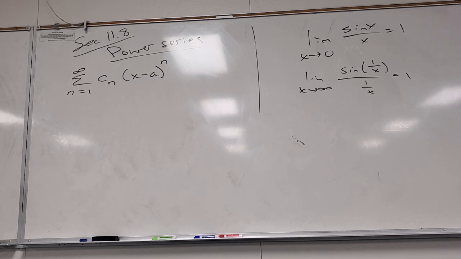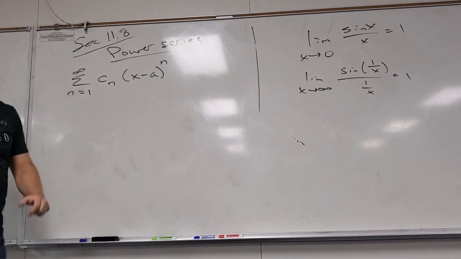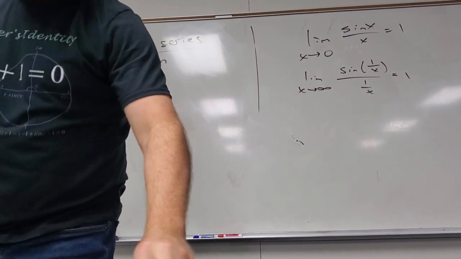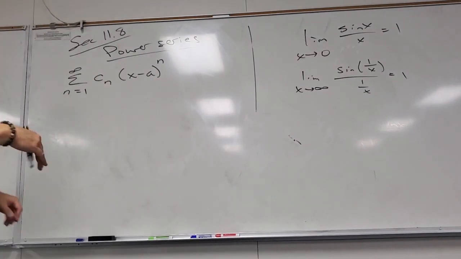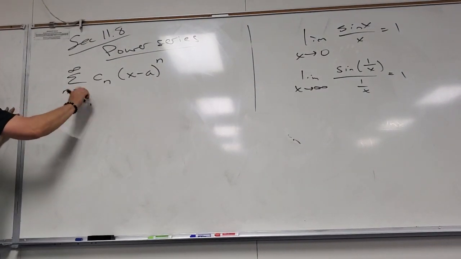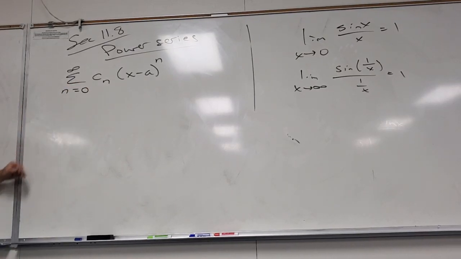Now, real quick, let me make sure about notation from this book. Okay, this is the one, that's right. This is the one place I agree with him. Change this to 0 real quick. This is one time we're going to actually start at 0.